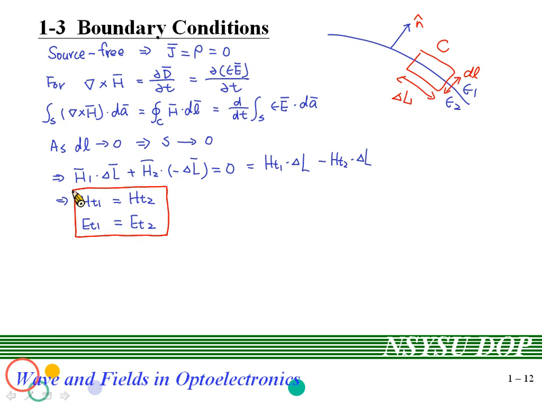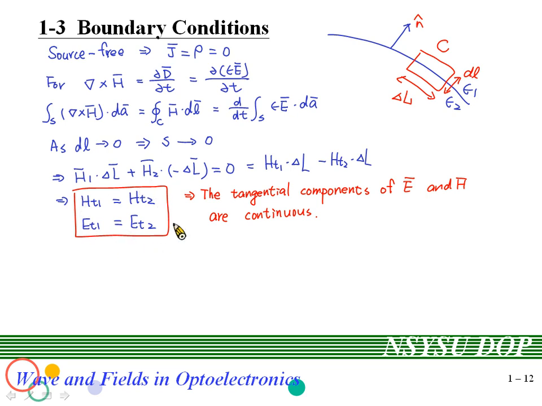These two boundary conditions tell us that the tangential components of the E field and H field are continuous, making Ht1 equal to Ht2 and Et1 equal to Et2. Okay?